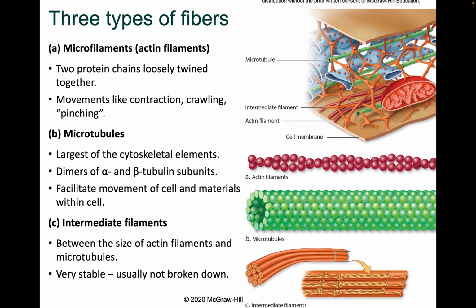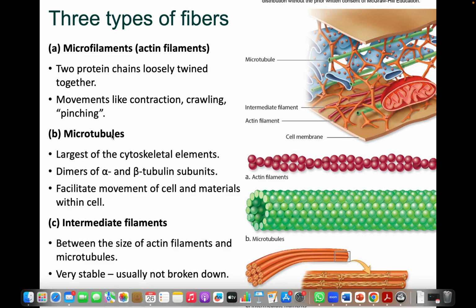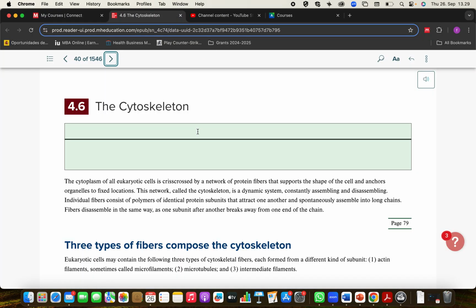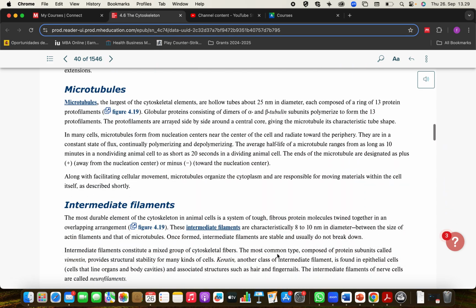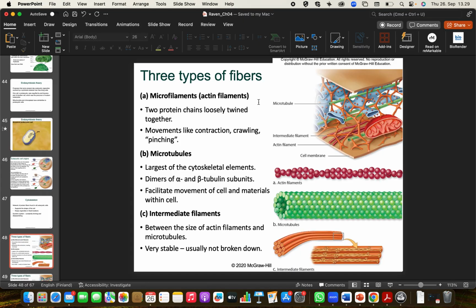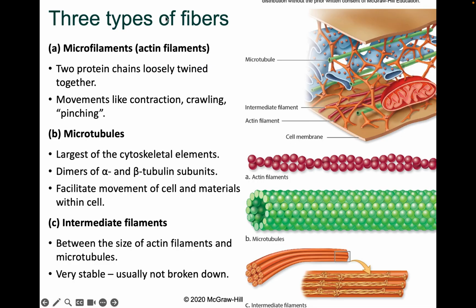Now we have a second type, which are microtubules. Microtubules are much bigger than microfilaments. If I'm not mistaken, they are around, so let me go quickly to your textbook just to make sure that I don't say something that's wrong. It's 25 nanometers in diameter. So they're much bigger than the microfilaments.